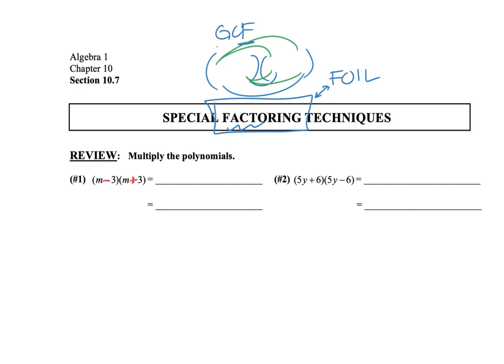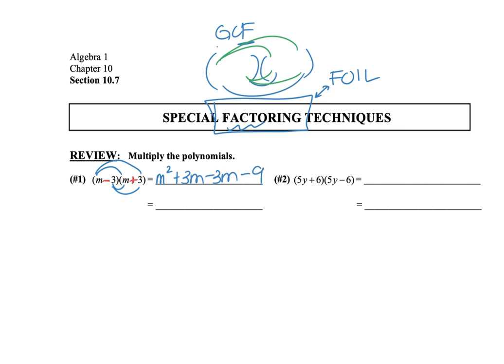And so when we FOIL this, okay, let's see what actually happens. I'm going to first take m times m, which is m squared, m times positive 3, which is positive 3m. When I go to the inside, that's a negative 3 times m, which is negative 3m. And negative 3 times a positive 3 is negative 9.